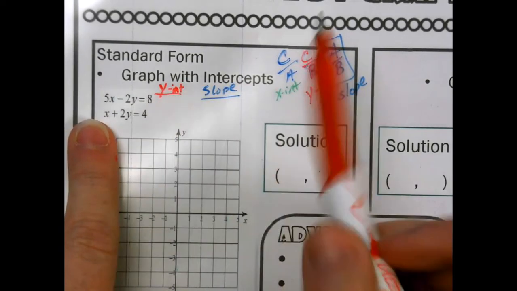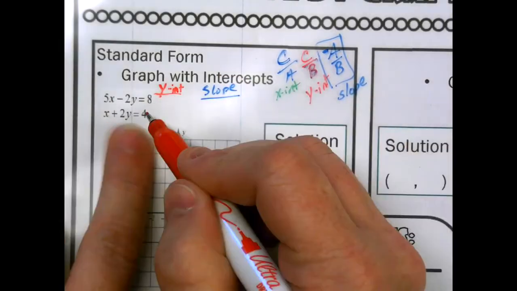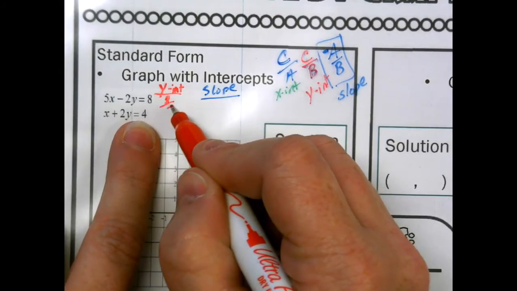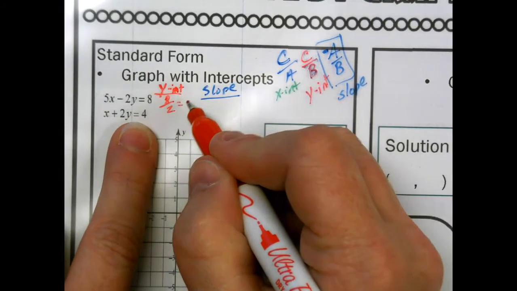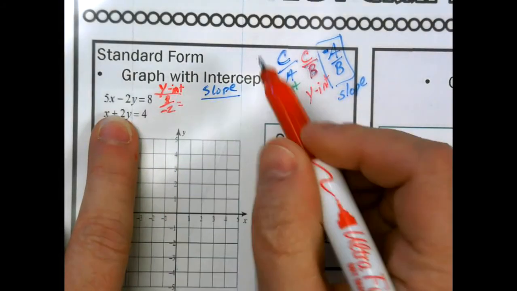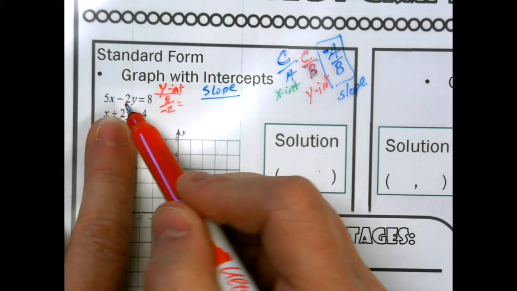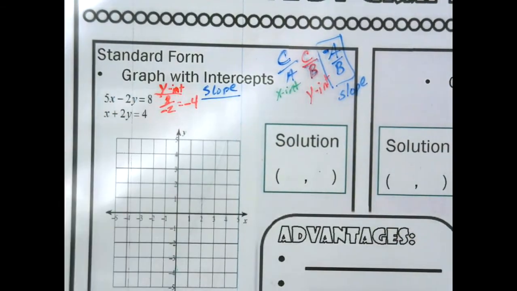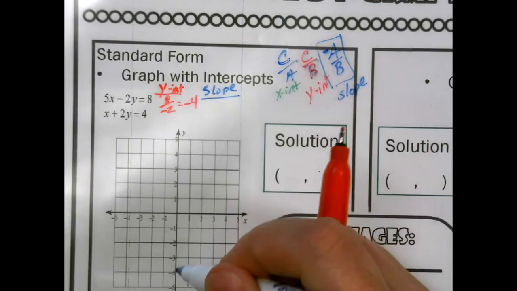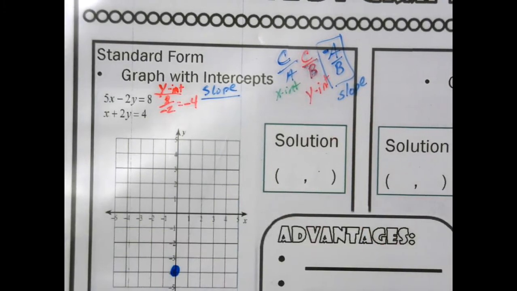So C over B would be 8 over 2, and it's actually over negative 2. Don't forget the negative. So 8 over negative 2 is negative 4. So my y-intercept is going to be negative 4.